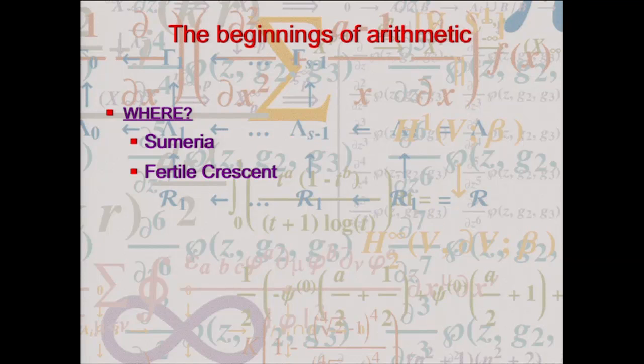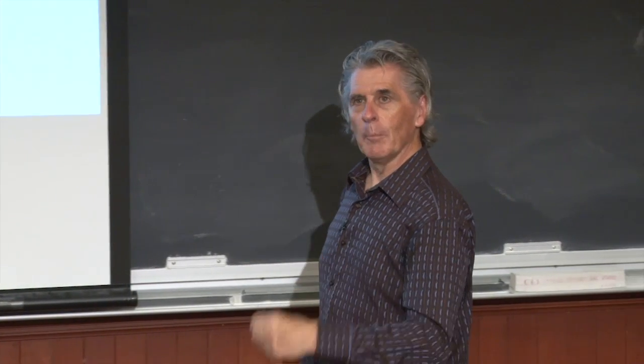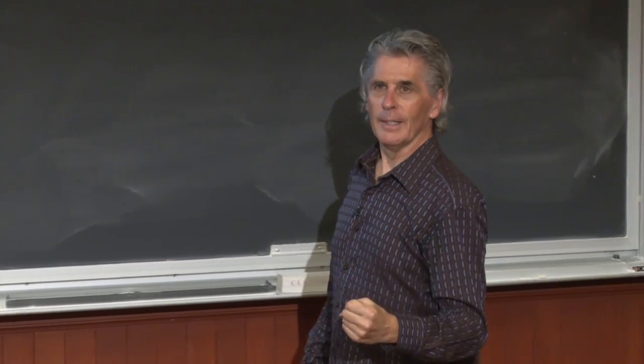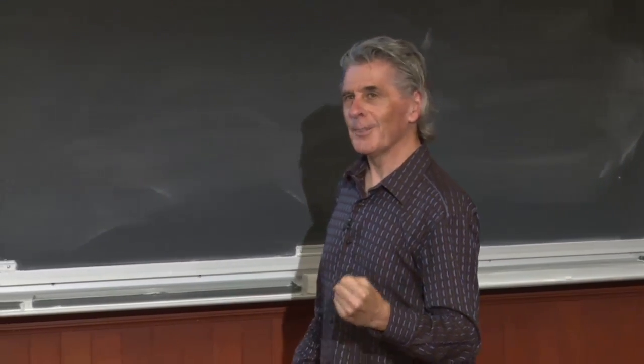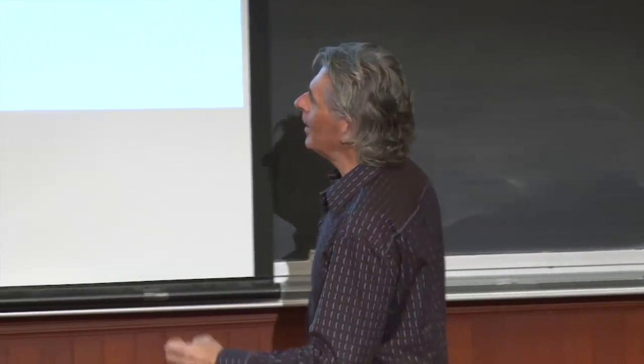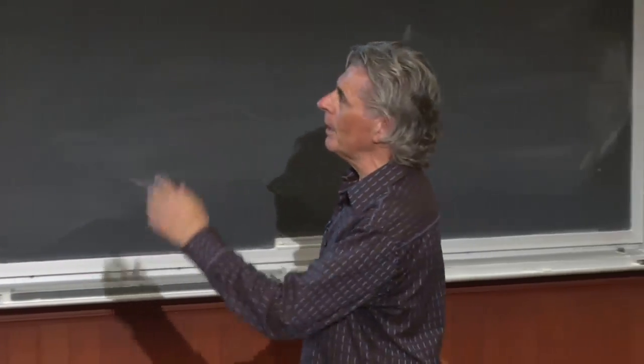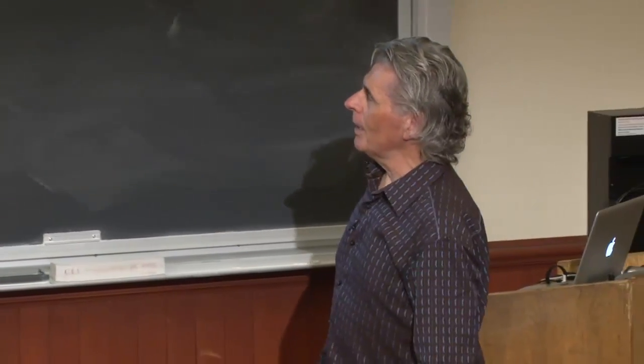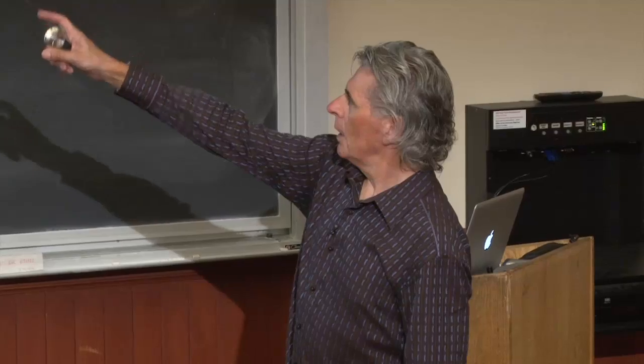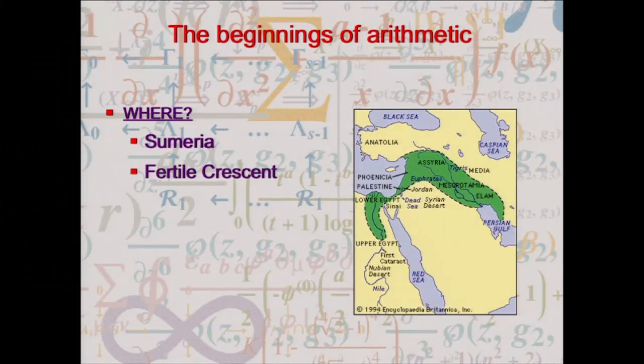My guess is the one that doesn't get mentioned is probably the one that was more significant, which is that it was an early monetary system. And I say that because the first real evidence we have for abstract numbers was money. Why do we have numbers? It was money, folks. You want to find out where numbers came from? Follow the money. Go back to Sumeria and the Fertile Crescent region, what's now mainly Iraq.